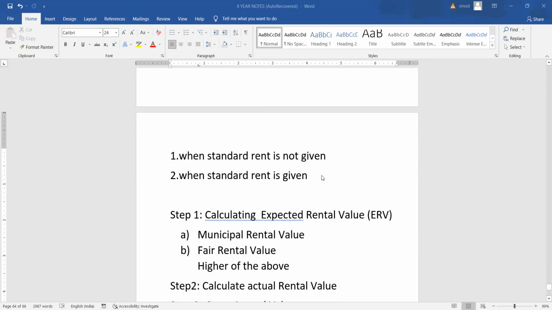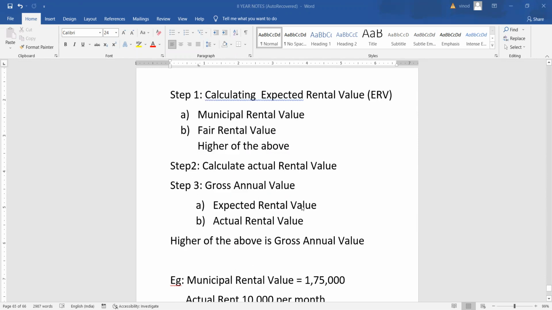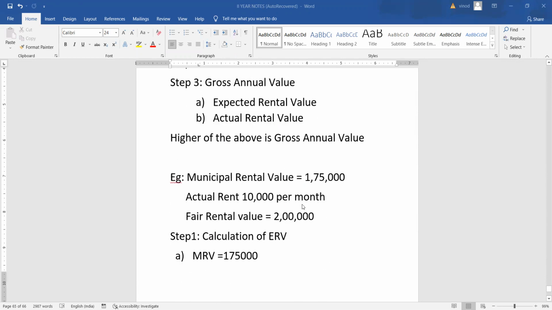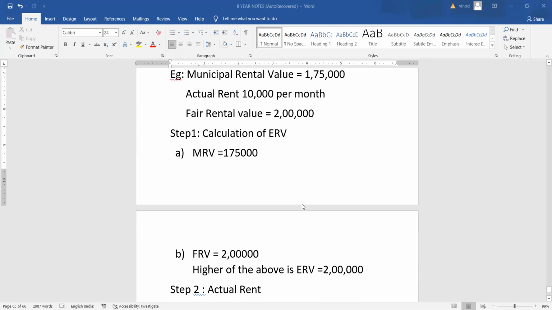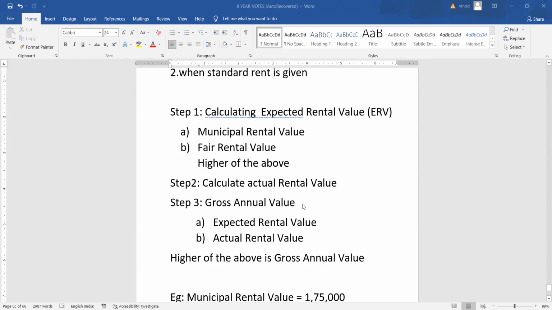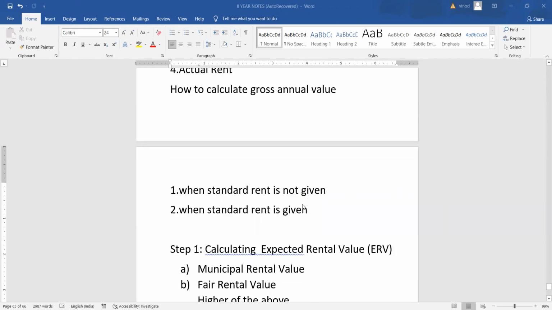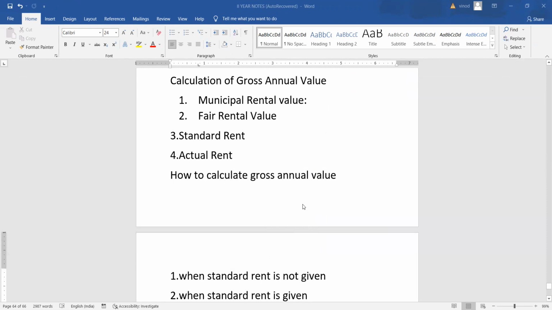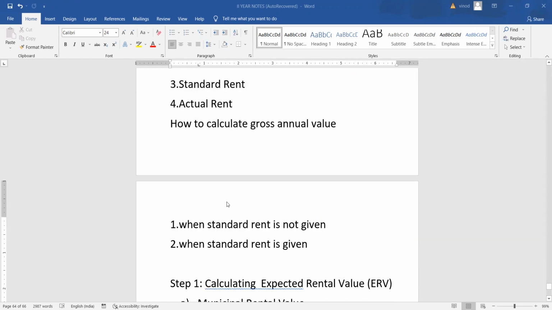In that video, we have discussed that gross annual value shall be calculated by using principal rental value, fair rental value, standard rental value, and actual rental value. However, the calculation of gross annual value is different in two situations.